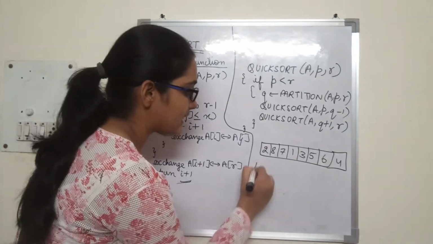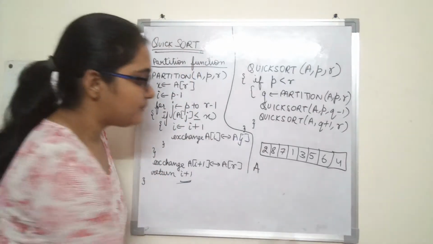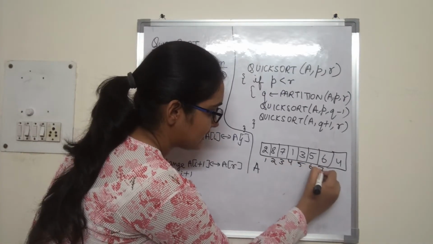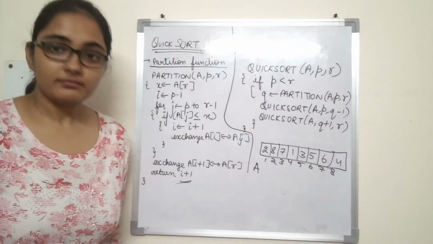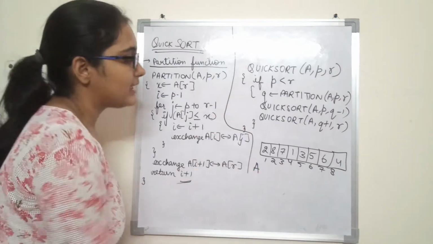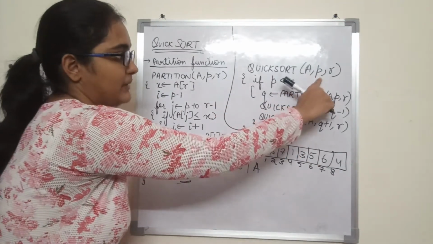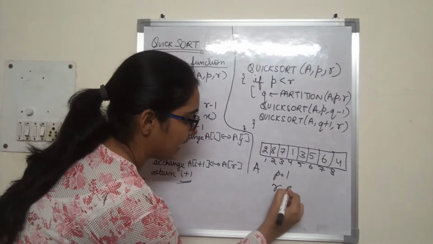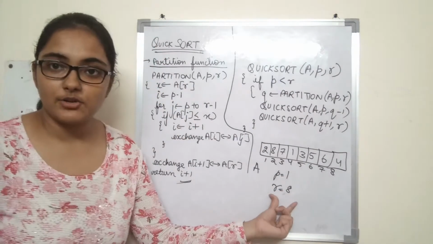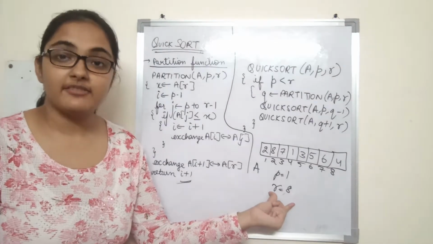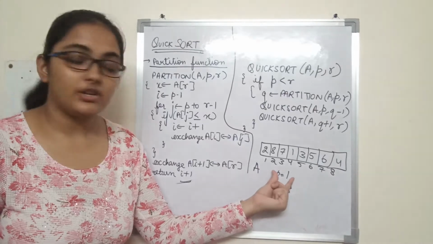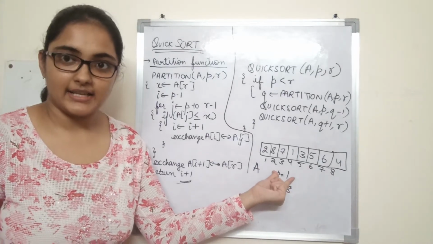So let us say this is array A, and the index starts from 1: 1, 2, 3, 4, 5, 6, 7, 8, right? So quicksort is called on A with p and r. So p is equal to 1 and r is equal to 8, or we can say r is equal to length of A, where length of A denotes the length of array A, and p is the starting index.